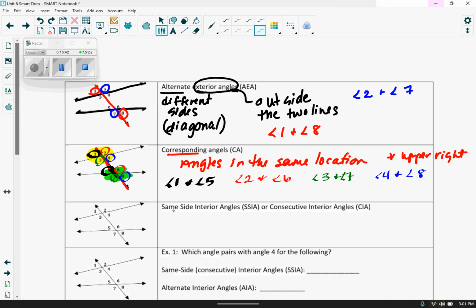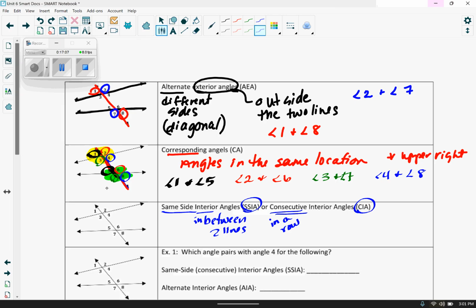Okay, the next piece we have is same side, so we're on the same side. Interior means between the two lines. Same side in between the two lines, and I want consecutive, so in a row. Now you can either call it same side interior angles or you can call it consecutive interior angles. They are one and the same.